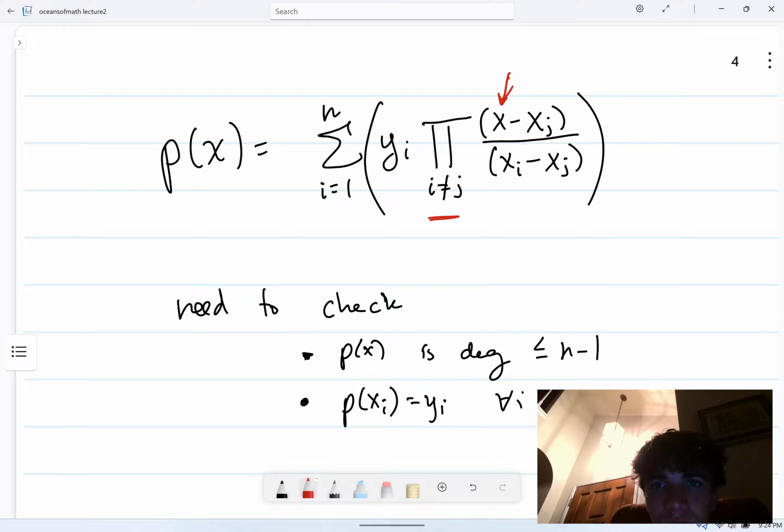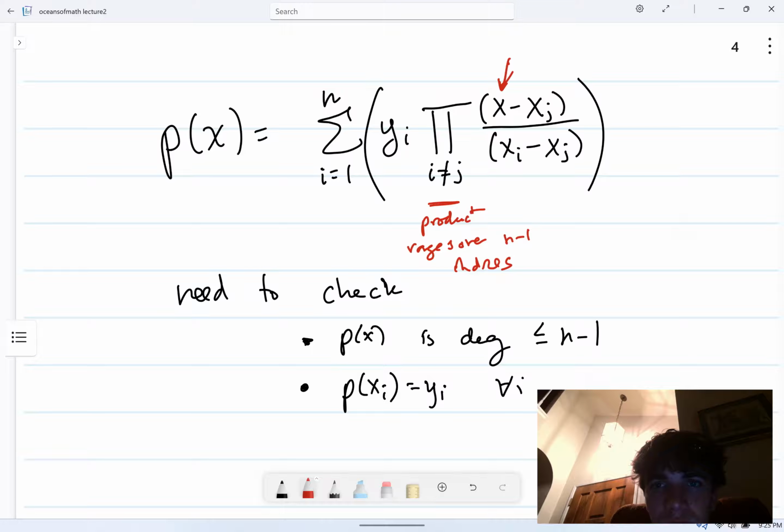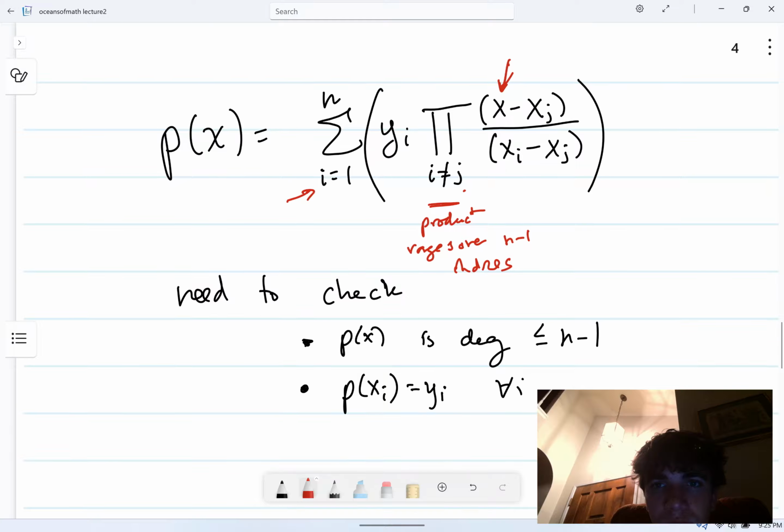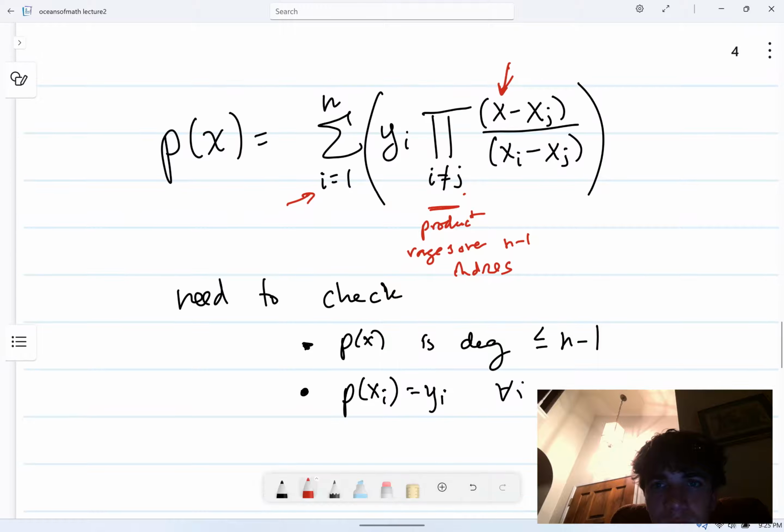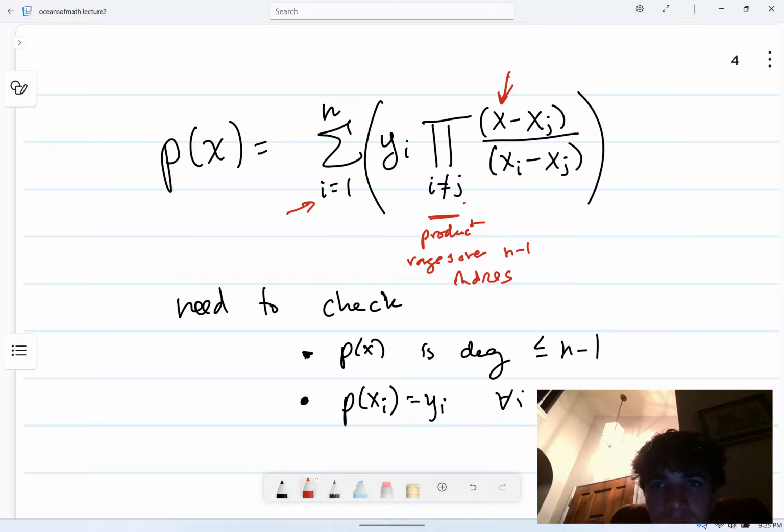We see that this product ranges over n minus 1 indices, because for a fixed i, we're taking the product over j of every index not equal to i. So that would be exactly n minus 1 indices that are distinct from i. And in that case, we can see that indeed this x can have at most a degree of n minus 1, okay?